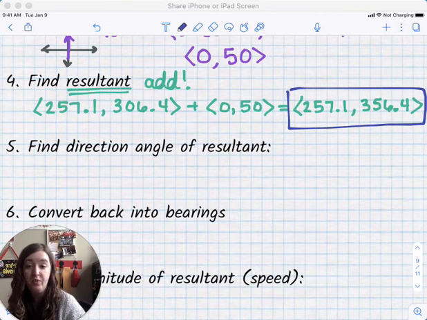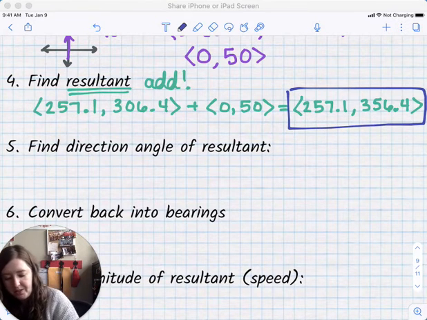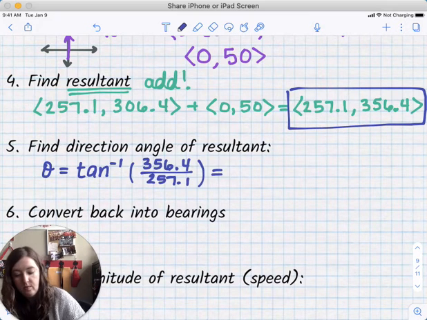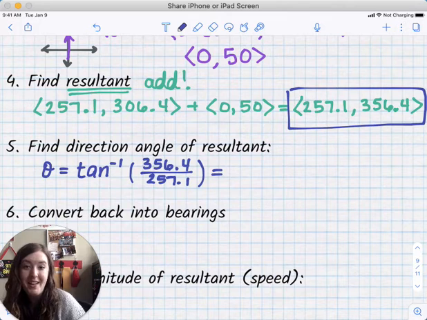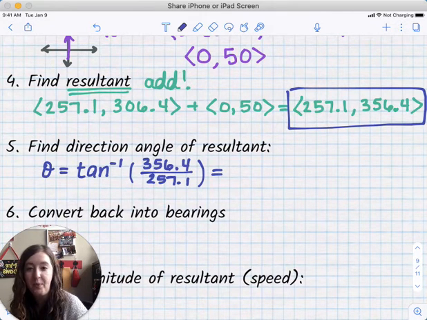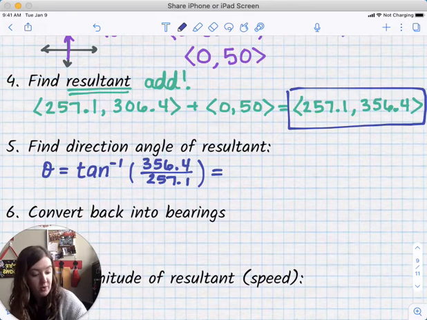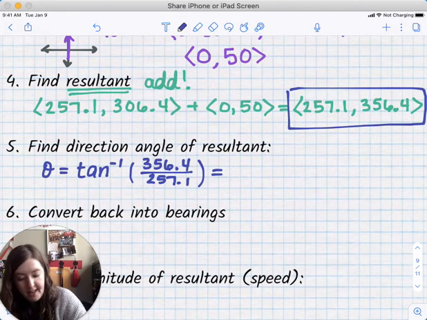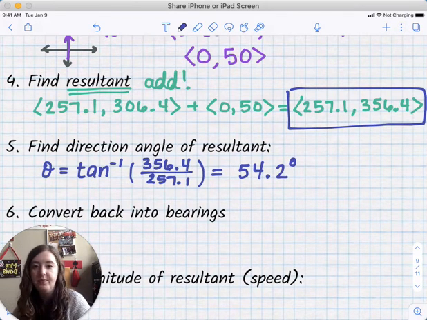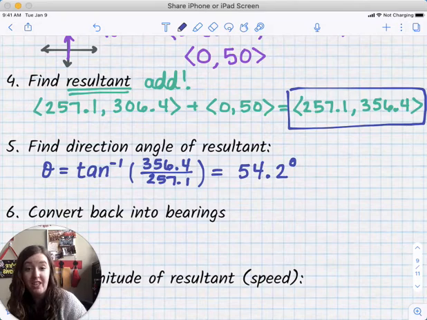So my resulting vector, its direction angle, remember we're going to take the inverse tangent of 356.4 over 257.1. And when we put that into our calculator, we are going to get 54.2 degrees. So now that's my direction angle.